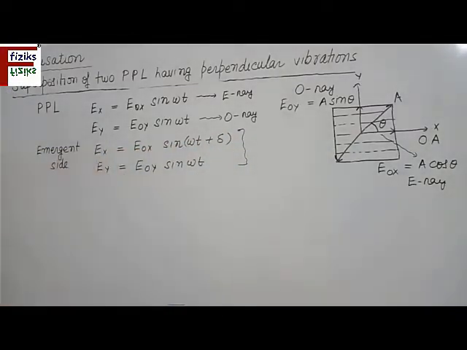Now I want to find out whether this is plane polarized, elliptically polarized, or circularly polarized light. What type of light is this?